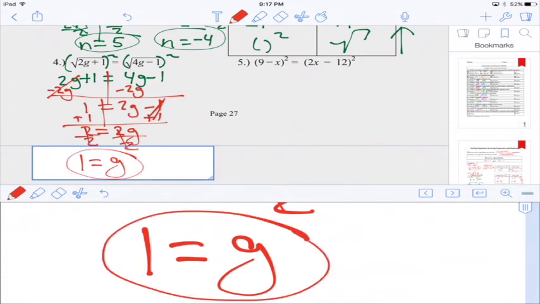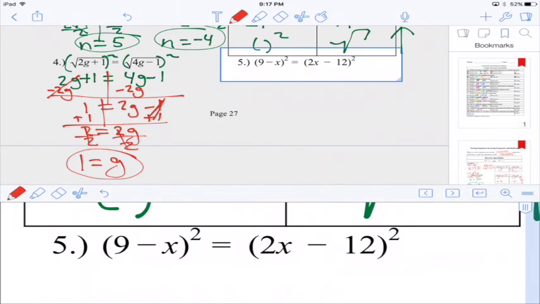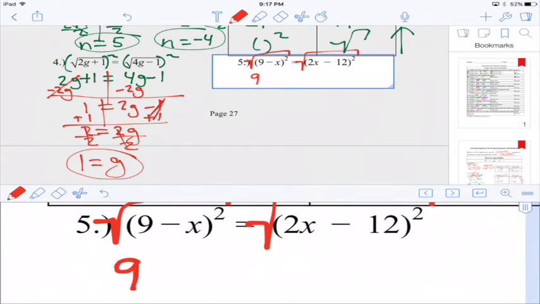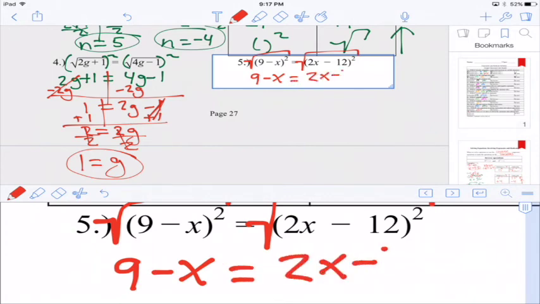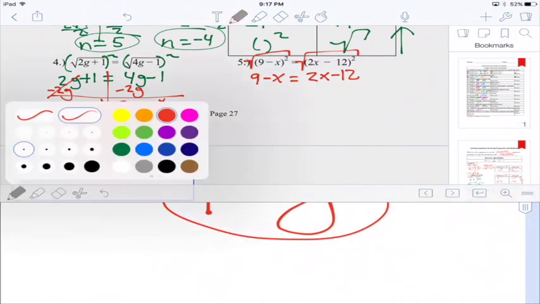One solution. Now I'm going to look at this one. I have squares on both sides, so to undo that I'm going to square root both sides of the equation. What's left is 9 minus x equals 2x minus 12. There are those variables on both sides again, so I need to remove them from one side.